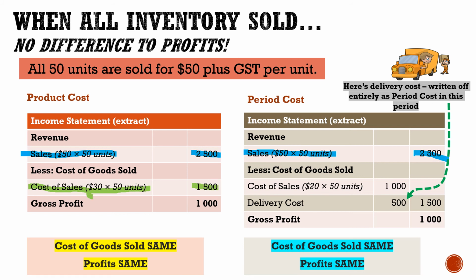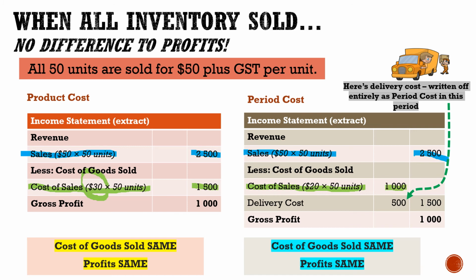We work this out by taking the $30 per unit cost price, which included the delivery cost, and we multiply this by the 50 units sold. On the other hand, with the period cost method, we work out the cost of sale by taking $20 per unit cost price multiplied by the 50 units sold.